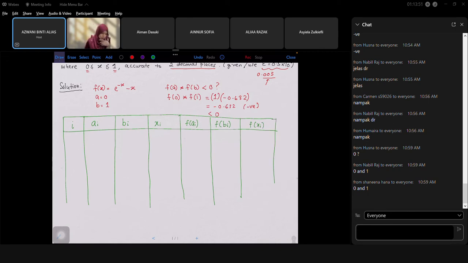Okay, so mari kita isi tempat kosong. Alright. So iteration yang pertama, kita ada A1, kita ada B1, kita ada X1. Tak tulis pun tak apa, just the first je lah. So A1, apa A1 dekat sini? What is the value of A1?